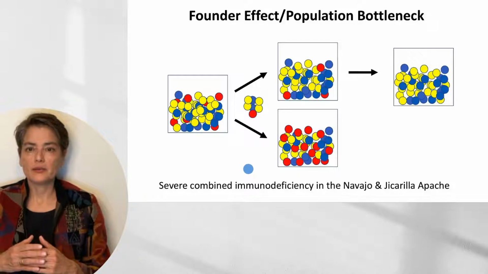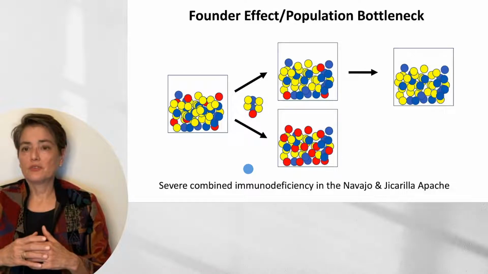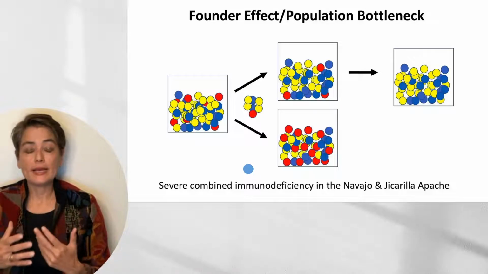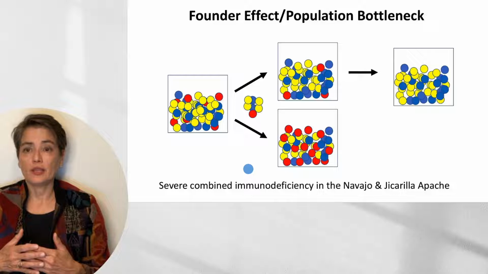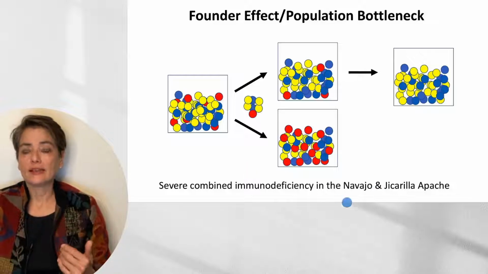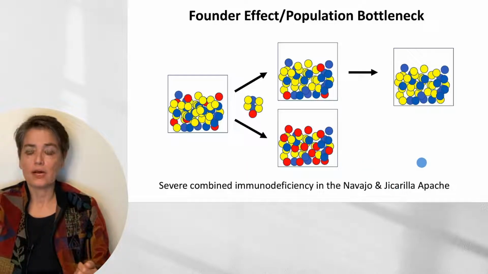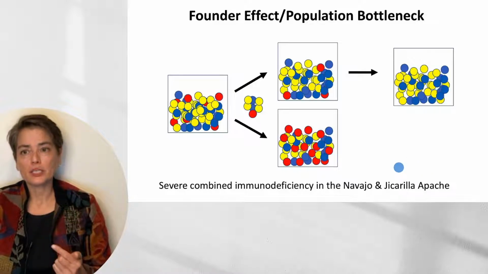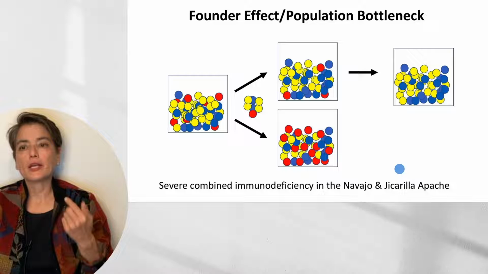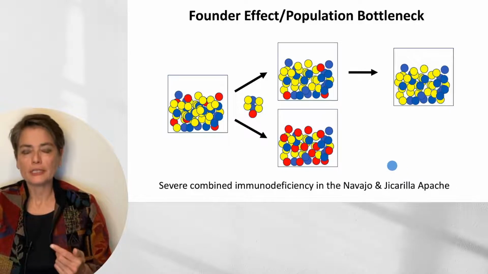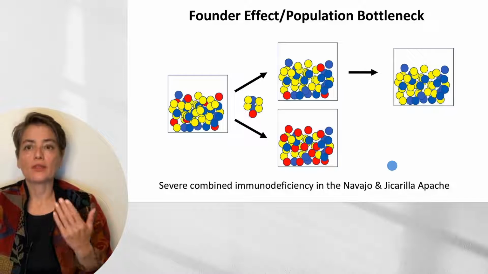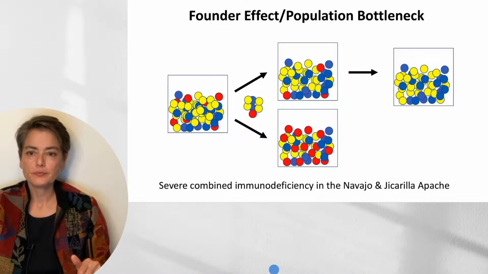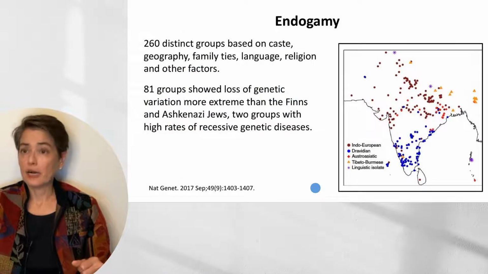We don't say we see it in American Indians, because there are many different tribes in the Americas, and it was only these that happened to have this allele that increased in frequency. Now we need to be aware of it in this population so that we can screen for it and we can make sure that infants who are born with severe combined immunodeficiency get the hematopoietic stem cell transplant that they need to survive. So this brings us now to endogamy.